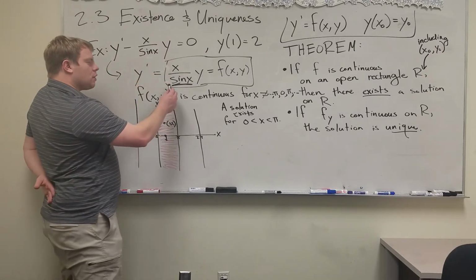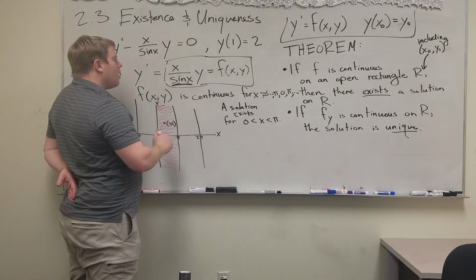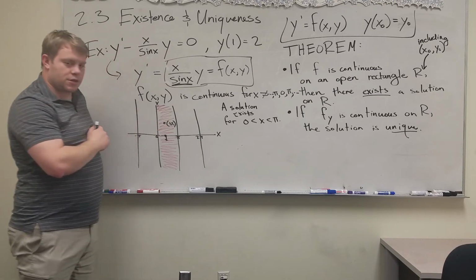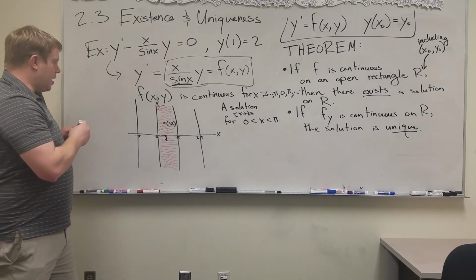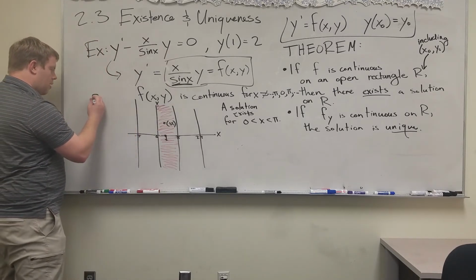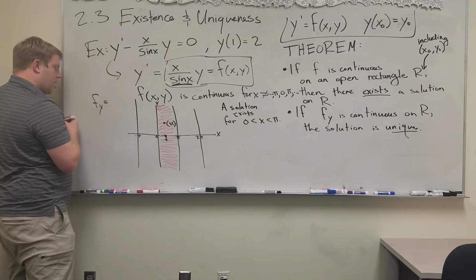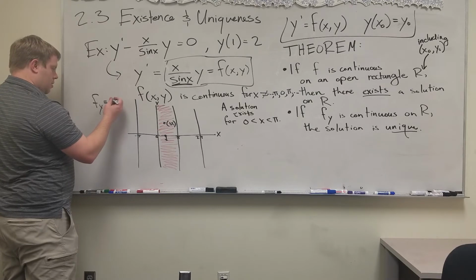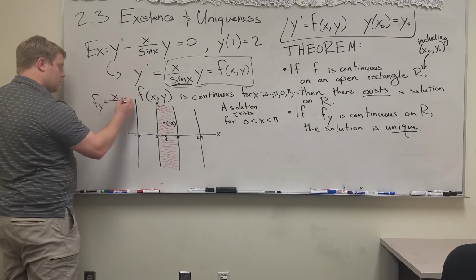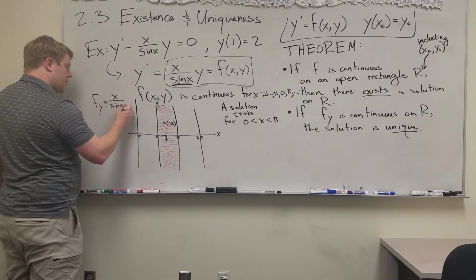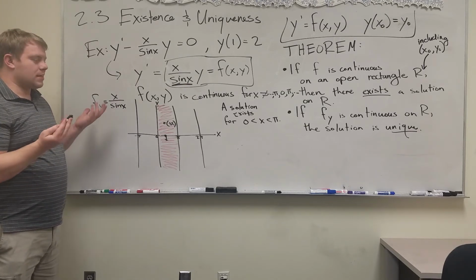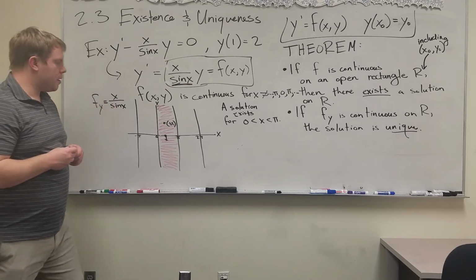So when I take the derivative of this with respect to y, this x over sine of x all just gets treated like a constant. And so my partial derivative ends up being just x over sine of x, just treating that as a constant coefficient of y.